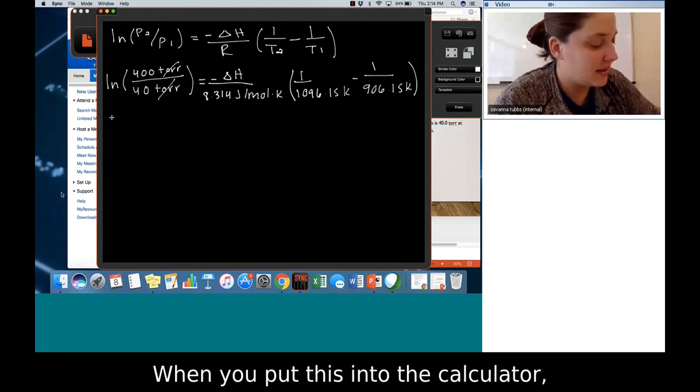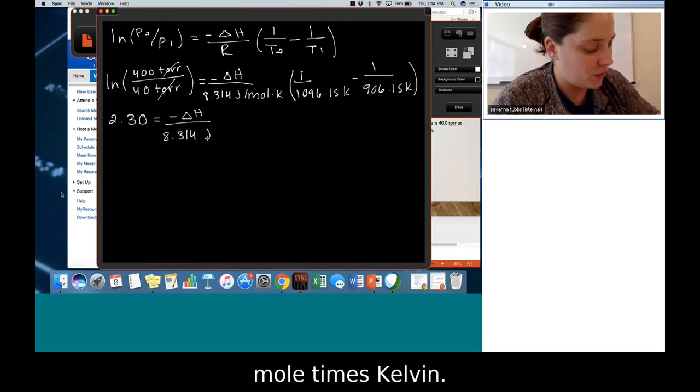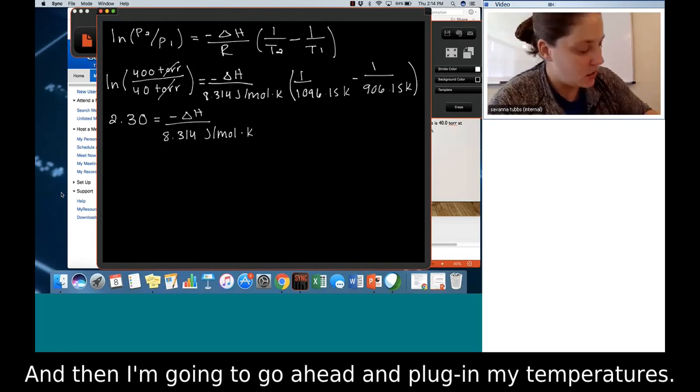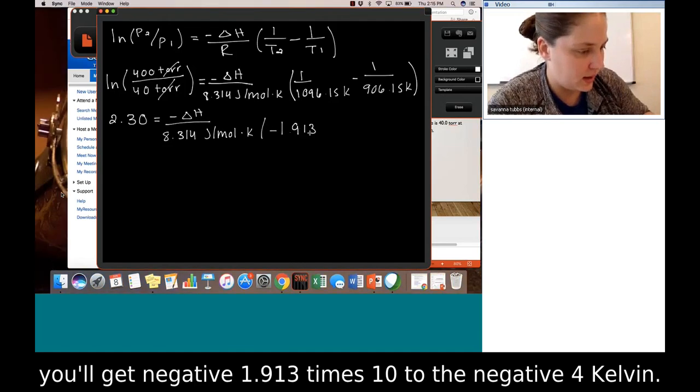When you plug this into the calculator, you'll get 2.30 equals negative delta H of 8.314 joules per mole Kelvin, and then I'm going to plug in my temperatures. When you plug that into the calculator, you'll get negative 1.913 times 10 to the negative 4 Kelvin.